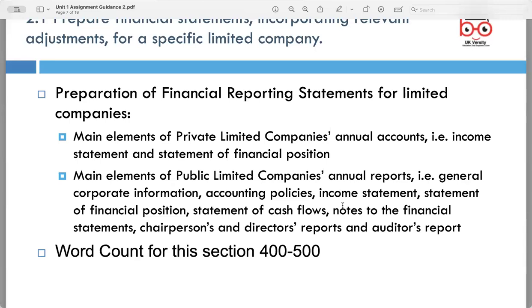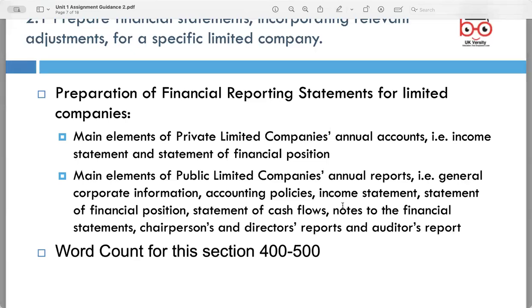Then the income statement, as above for private limited companies. The statement of financial position, same as private limited companies. The statement of cash flows shows the cash generated and used during a specific period.